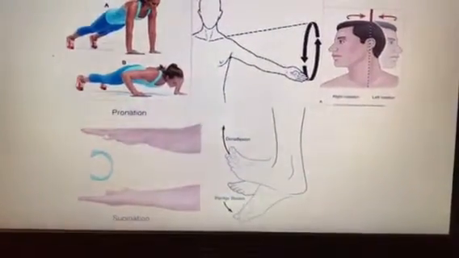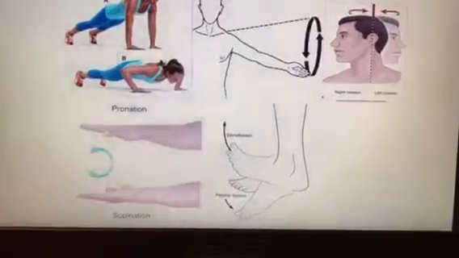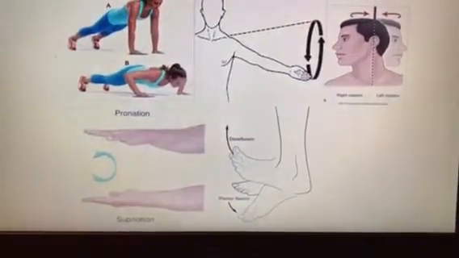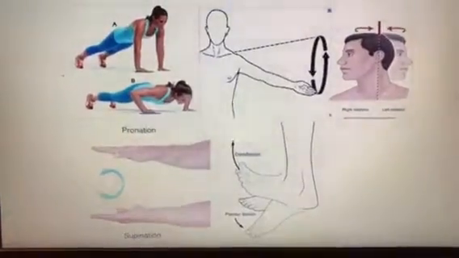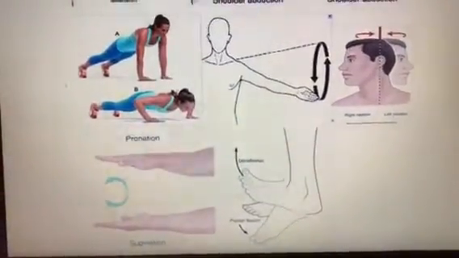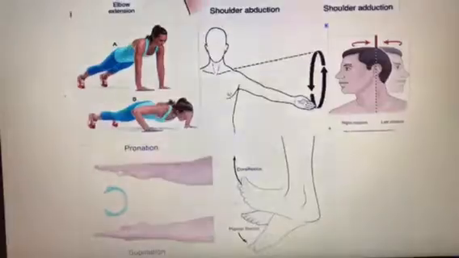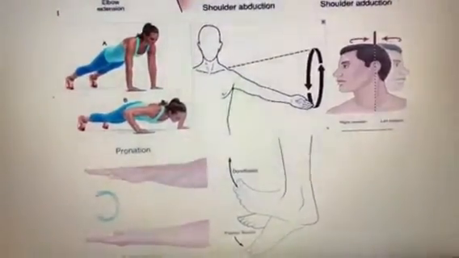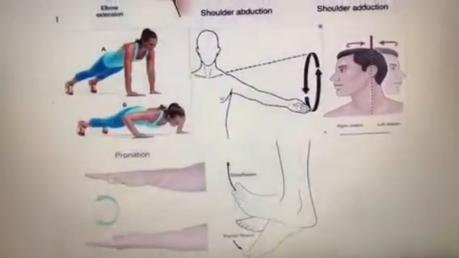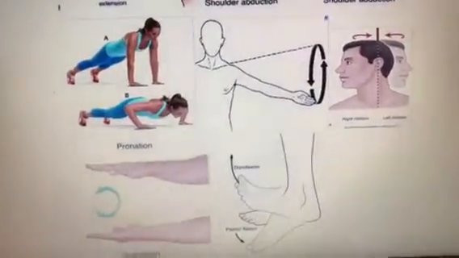The next pair is pronation and supination. And supination is when your forearm turns the palm to face anteriorly or upwards. So in your anatomical position the forearm is supinated, the radius is parallel to the ulna, where it's upside down. Your palm is upside down with your bone sticking up.